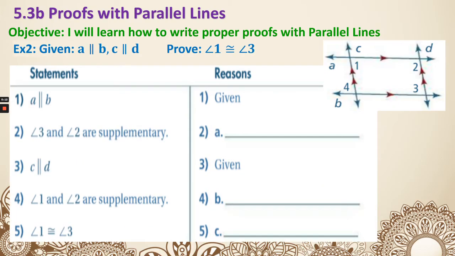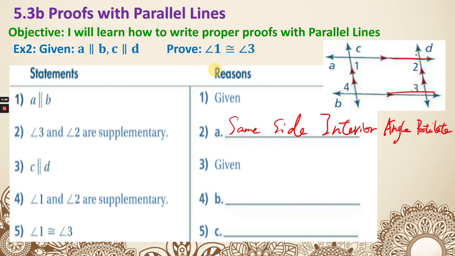Next, example 2. For all of these examples, I suggest you try them by yourself first before you keep watching the video. First, A is parallel with B, that's given. Based on that, we can get angle 3 and angle 2 are supplementary, and that is the same side interior angle postulate.